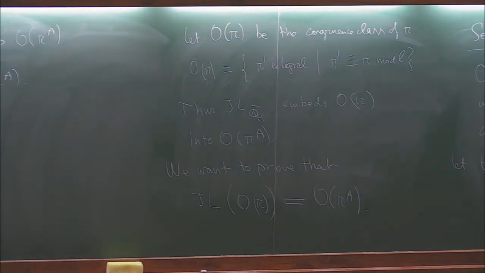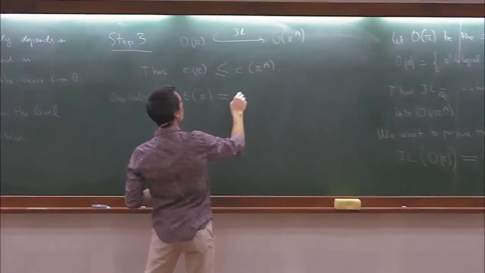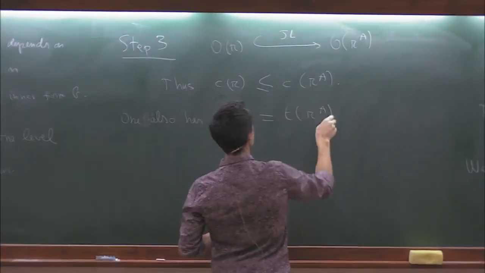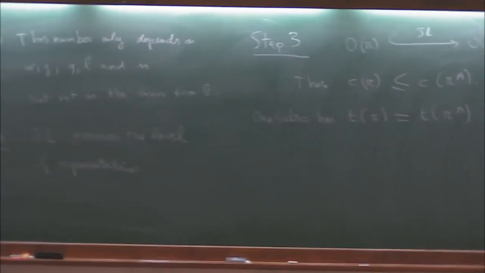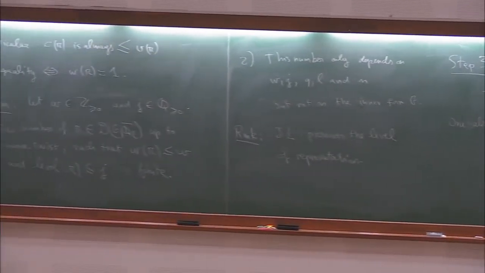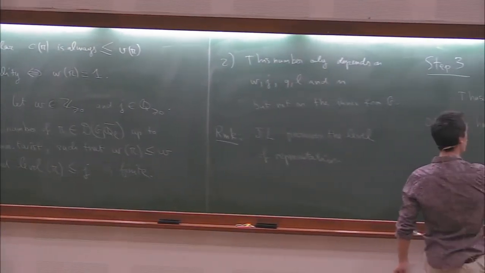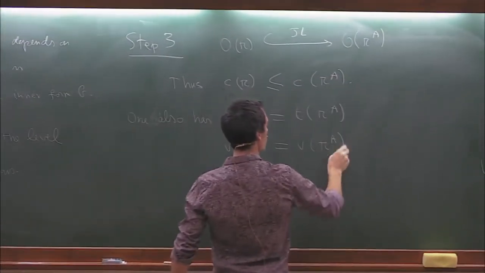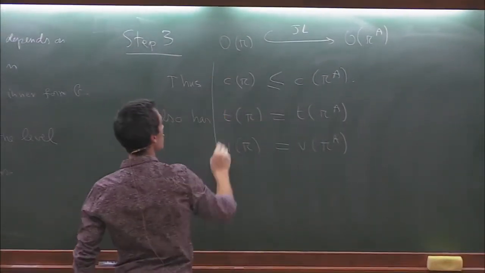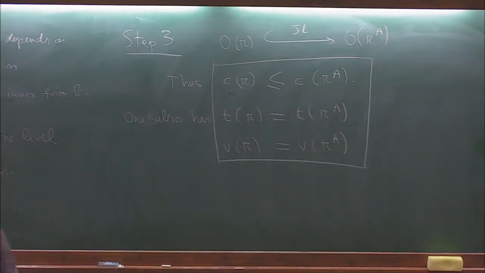So one also has T of pi equals T of pi A. And since the definition of V of pi only depends on T of pi, we have a similar equality for V. V of pi is equal to V of pi A. So this is our starting point.